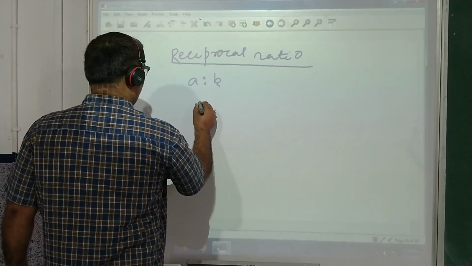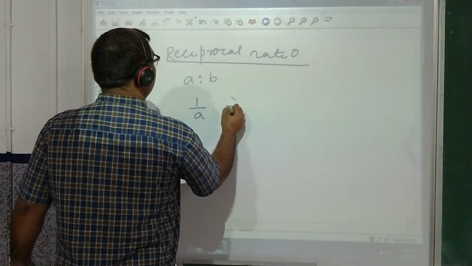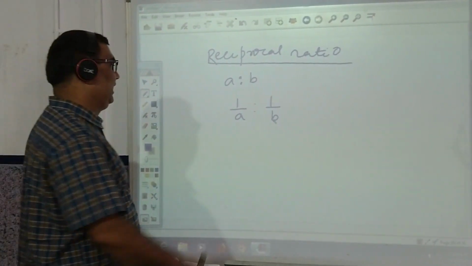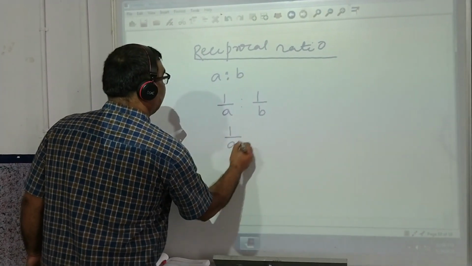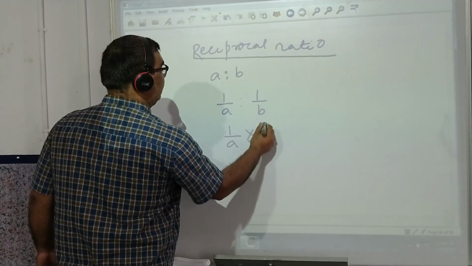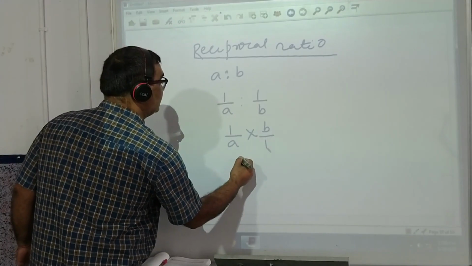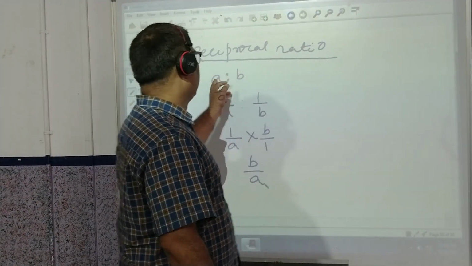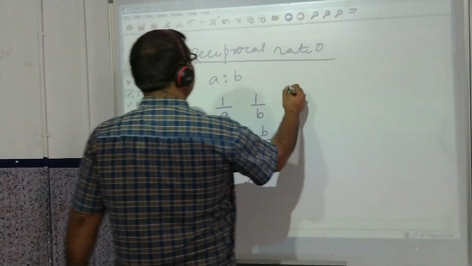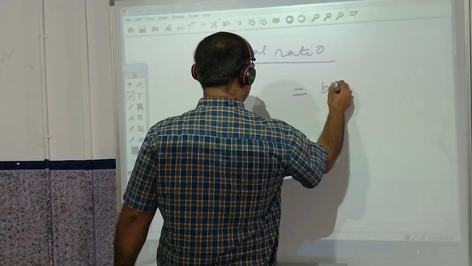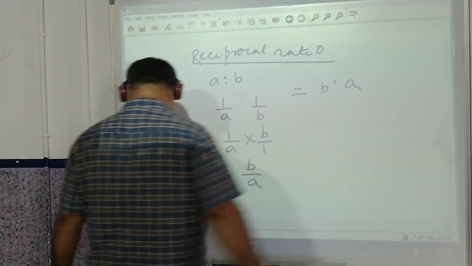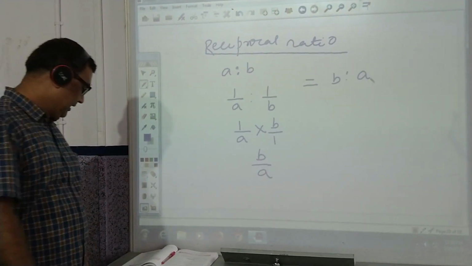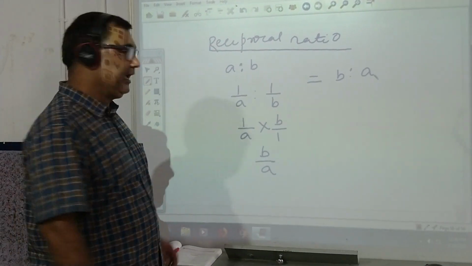The reciprocal is 1 by A is to 1 by B. Now 1 by A divided by 1 by B, so multiplied by B by 1, can I write B by A? So the reciprocal ratio of A is to B is B is to A.